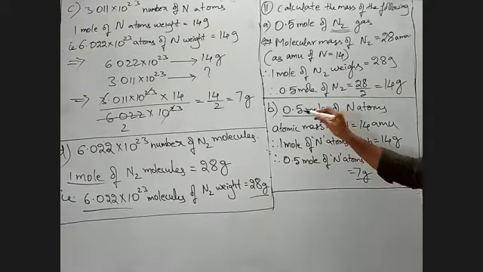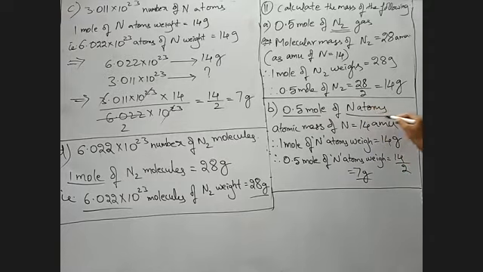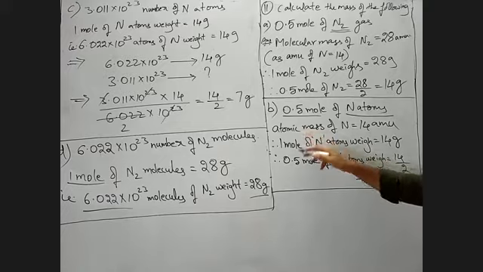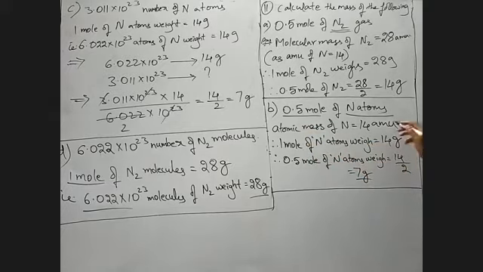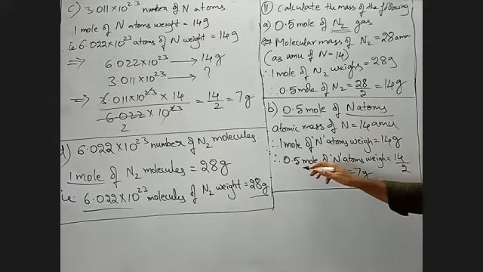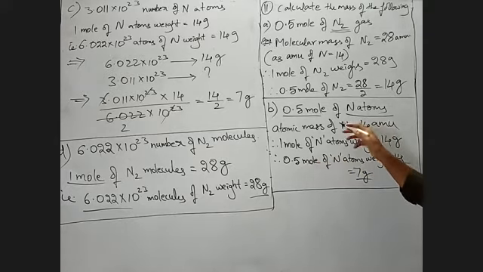Next one. 0.5 mole of N atoms. Here the nitrogen molecule was considered; here it is nitrogen atom. The atomic mass of nitrogen is 14 AMU. We know that one very well. So 1 mole of nitrogen atoms is the atomic mass written in the form of gram. So 14 units of nitrogen means 1 atom of nitrogen.